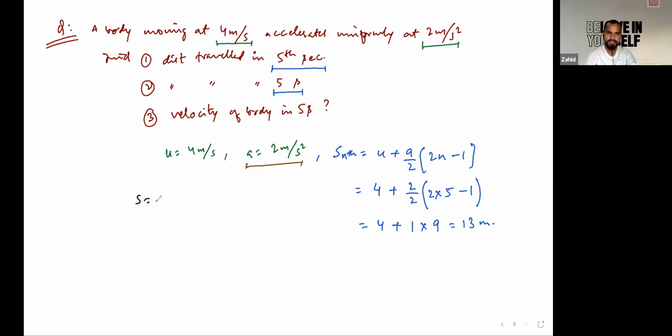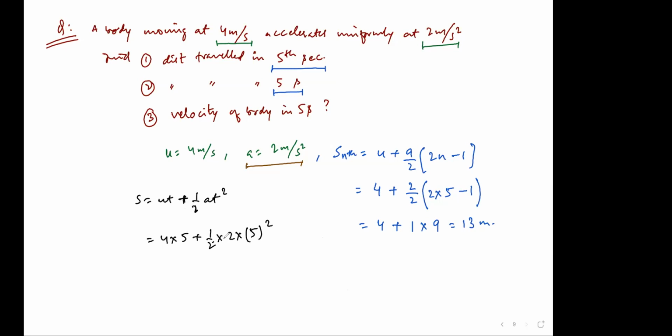So use s equals ut plus half at square. Use initial velocity, which is 4, times 5 seconds, plus half, acceleration is 2, and time taken is 5 squared. So the 2 and this 2 will cancel out.